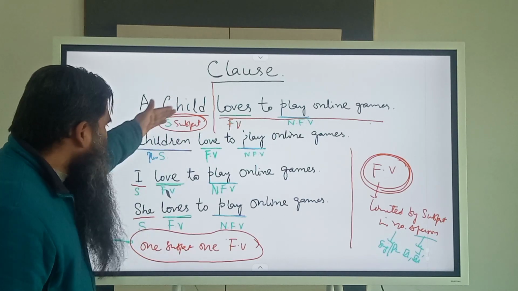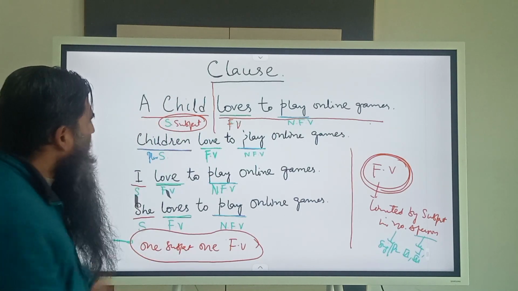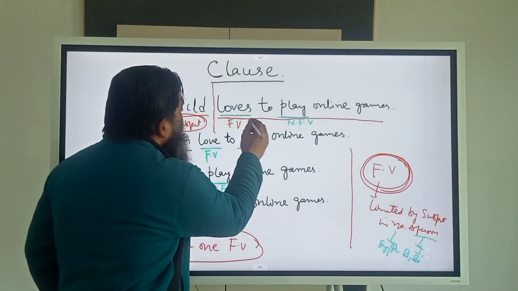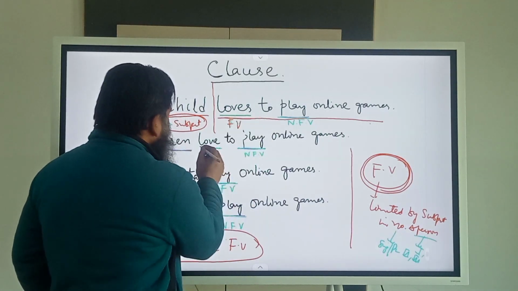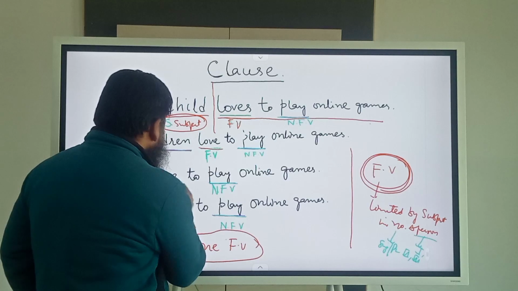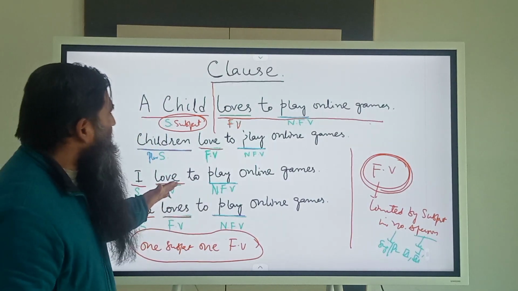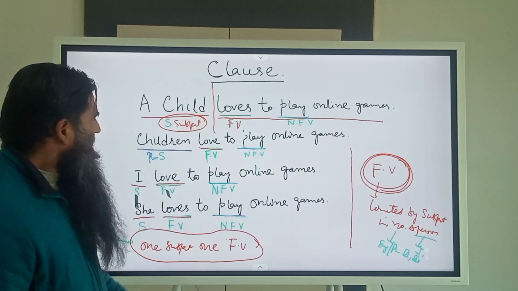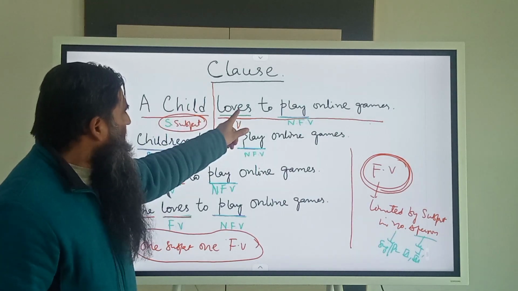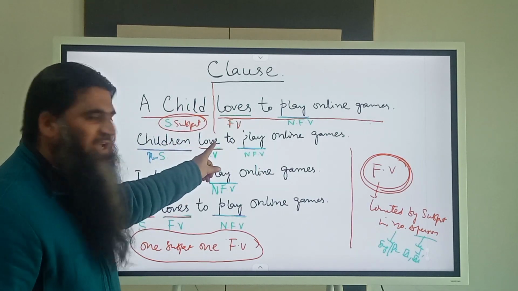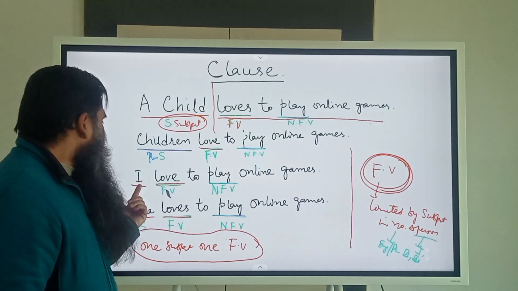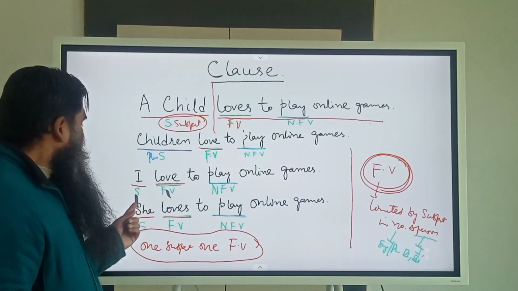While I am changing the subject, we find that this verb loves is changing its form. Sometimes it takes S and sometimes it leaves S. In the first sentence we have loves, in the second sentence we have love, in the third sentence we again have love, and in the fourth sentence we have love.